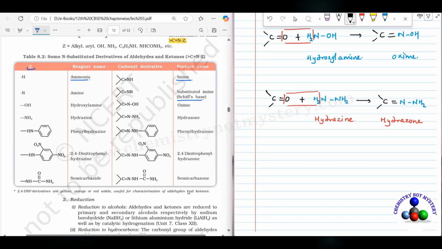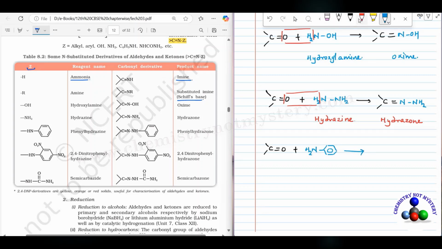Now come to the next reaction. When the Z is NH attached to phenyl group, means the reagent is phenylhydrazine. Here write the reaction. This is the carbonyl carbon and now draw the phenylhydrazine. Phenylhydrazine is H2N and here it is bonded to phenyl group. Phenyl means benzene with a free valency. So this is phenylhydrazine.